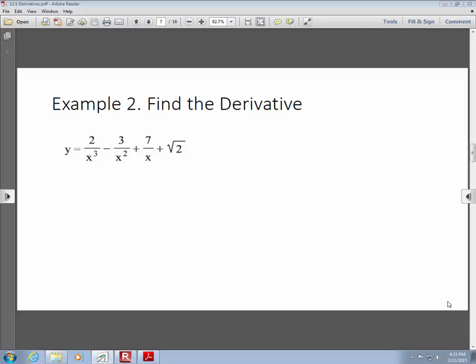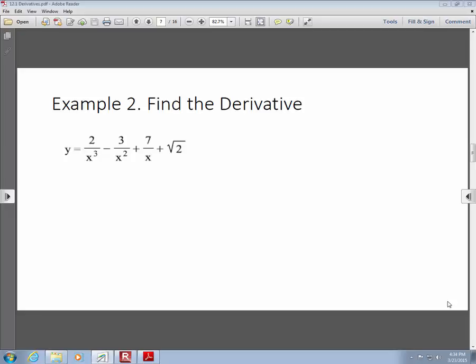Negative 4. Then I go negative 2 times negative 3, that's positive 6x. I subtract 1 from the negative 2, I get negative 3. Then I go negative 1 times 7, that's minus 7x. I subtract 1 from the negative 1, I get a negative 2. And this square root of 2 is a constant. So if I take the derivative of this constant, it just goes to 0.